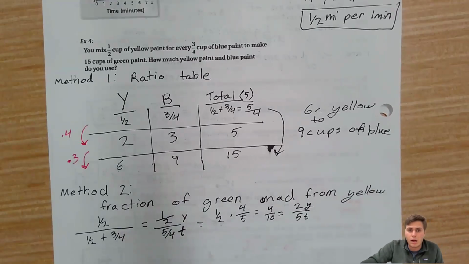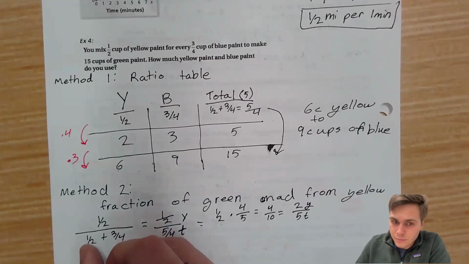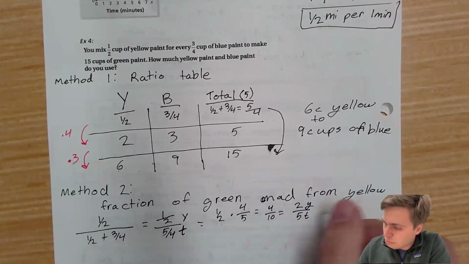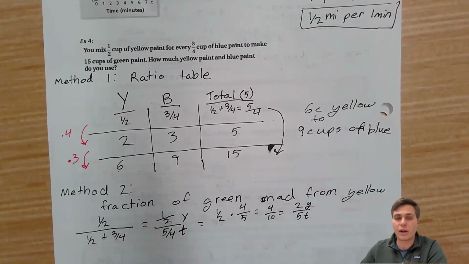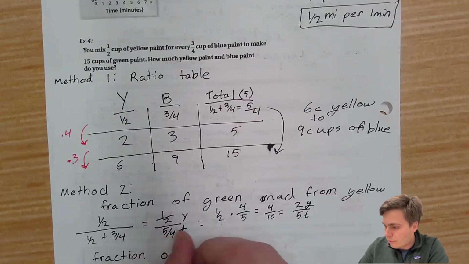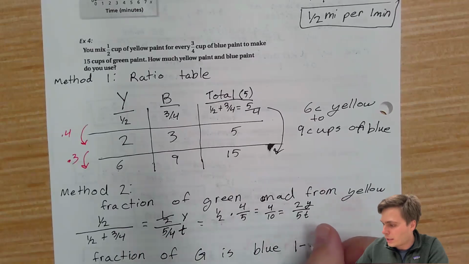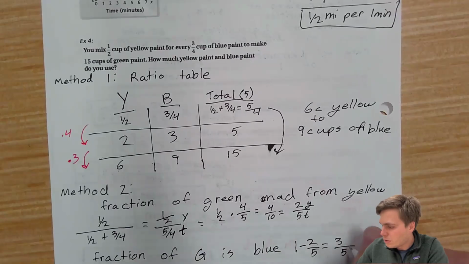Well, now I know that if I want to find the amount of yellow of those 15 cups, we can use this ratio. I can use this fraction. I also know now that a fraction of G, that green, is blue, which is going to be 1 minus 2/5, which gives me 3/5, 3 blue to 5 total.